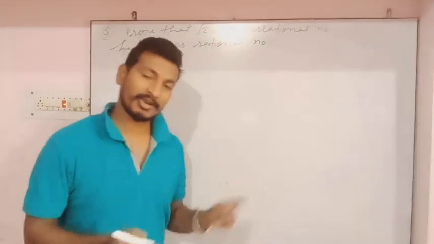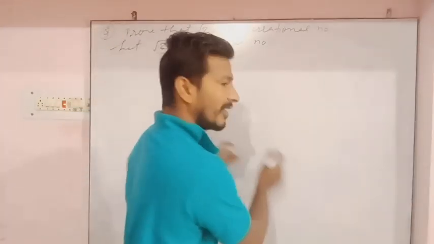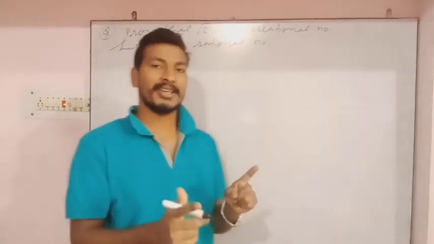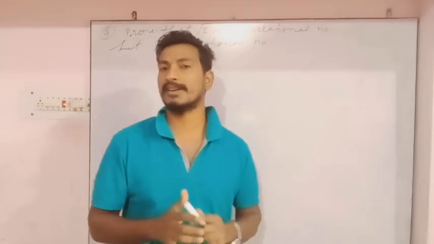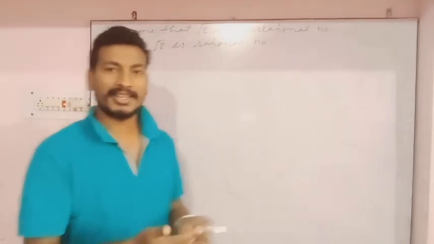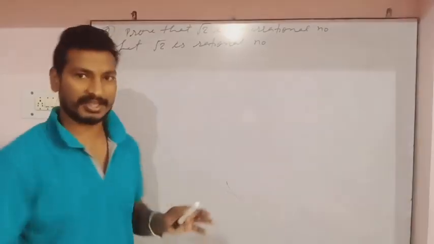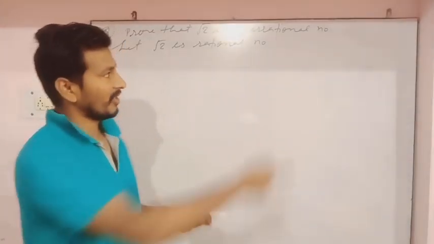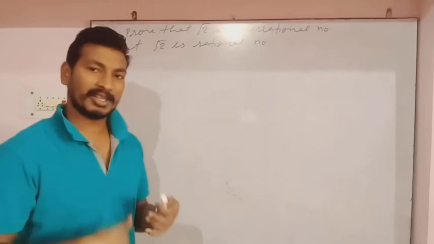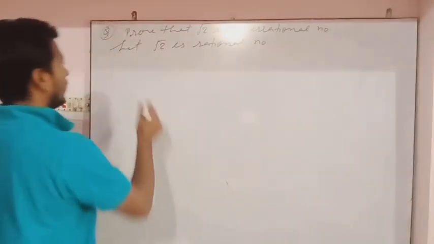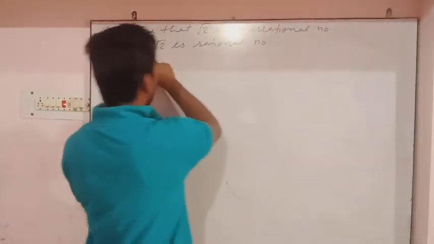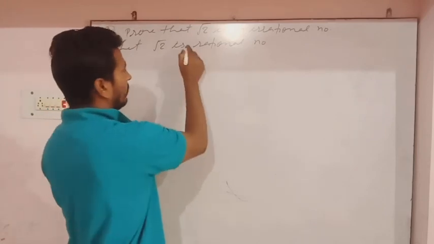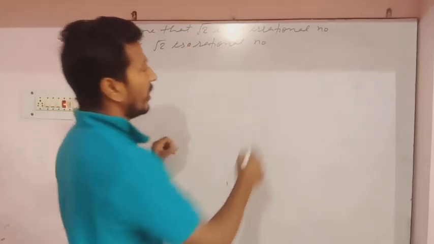Actually this is not rational, because we have already written the root 2 value and found that it was an example of a non-terminating, non-repeating decimal. So there is no chance of this being a rational number. We just suppose that root 2 is a rational number.